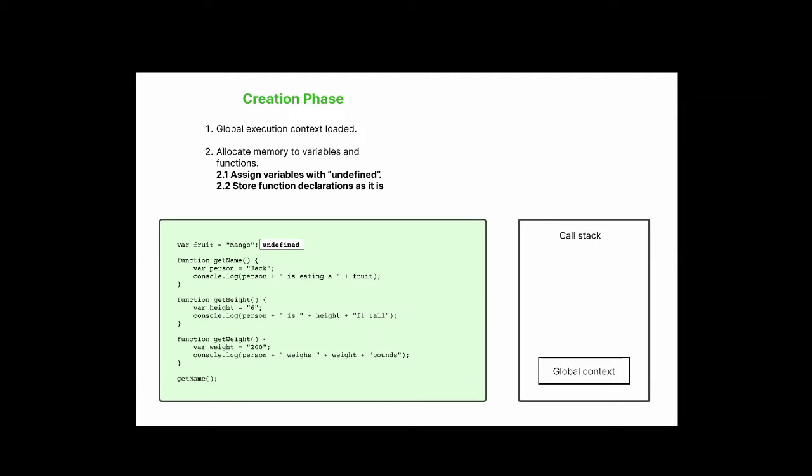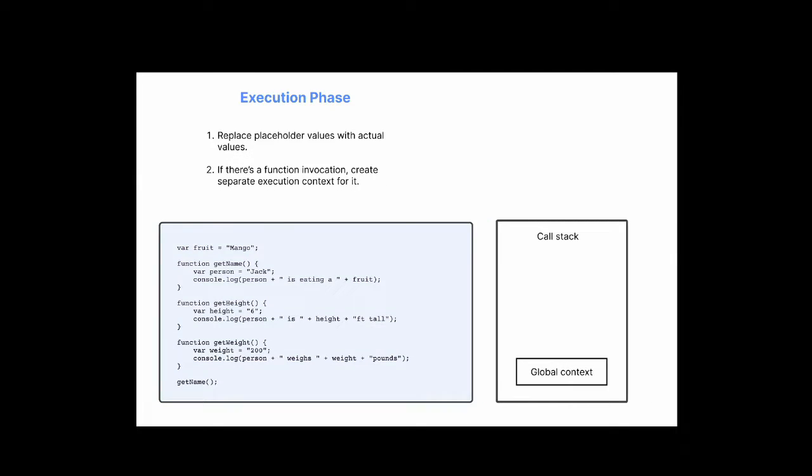Once this is done, the browser will then move on to the execution phase. In the execution phase, the values that were assigned undefined in the creation phase will now be assigned their original value. So in this case, we'll finally have mango assigned to the fruit variable.